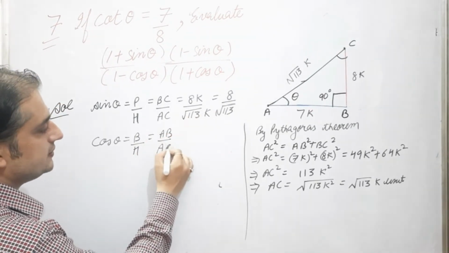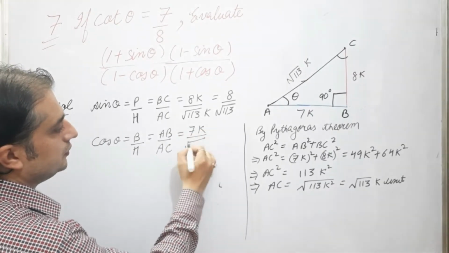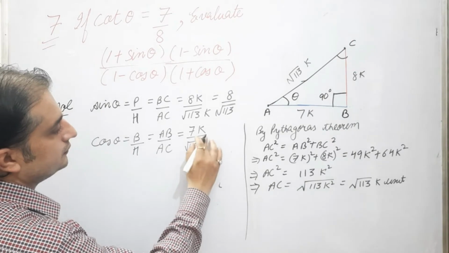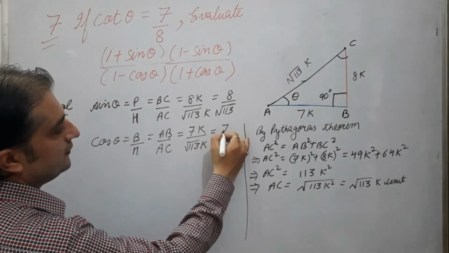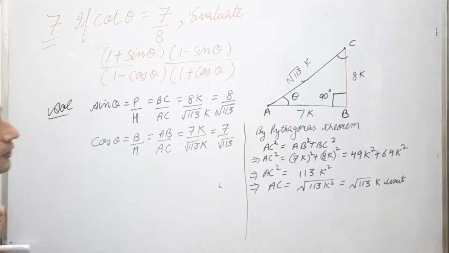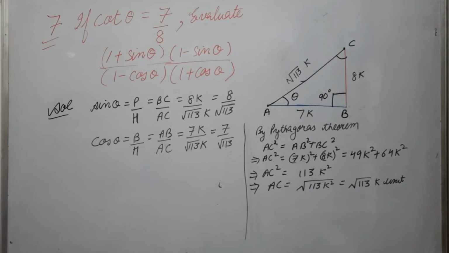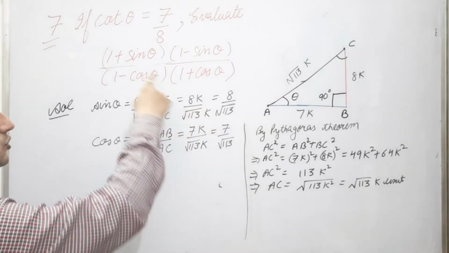The hypotenuse remains same. So it will become 7k upon root 113k. So cancel out, so it will become 7 upon root 113, right? So these are the two T ratios. Now put the values of these two T ratios in the expression.